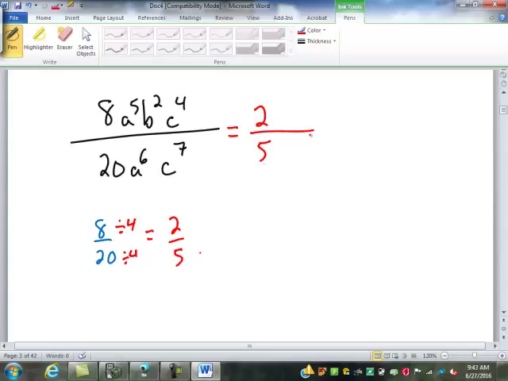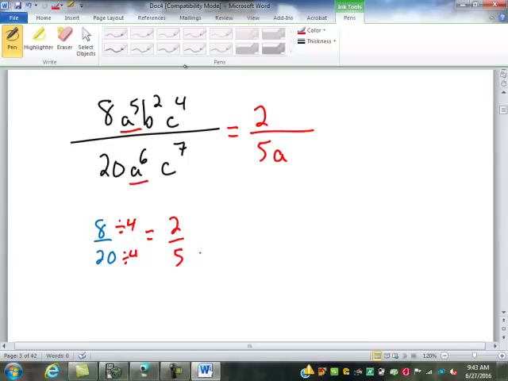Now for the variables, I have a to the 5th and a to the 6th. Is it going to go on top or bottom? Bottom, because the larger power is on bottom. What power is going to go on it? Well, 6 minus 5 is 1, so it's a to the 1. Do I need to put the 1 on there? No, so I can write it as just a.